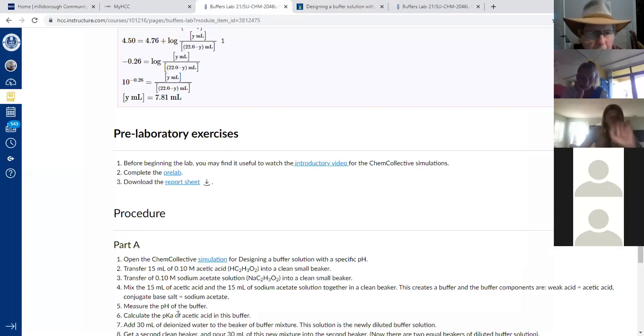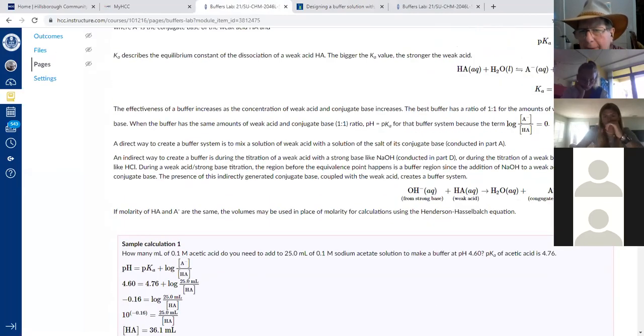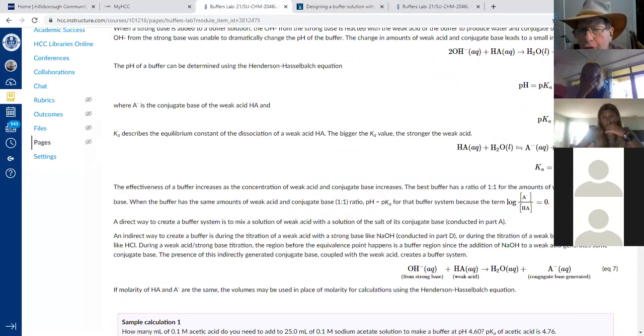Now, calculate the pKa of the acetic acid. A real nice thing about the Henderson-Hasselbalch, which is equation 3 up here. If the concentration of the conjugate base equals the concentration of the weak acid, this is 1/1 then, correct?